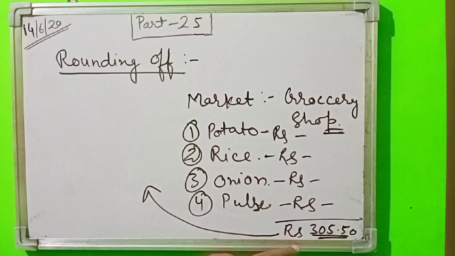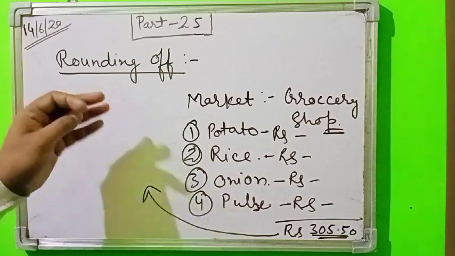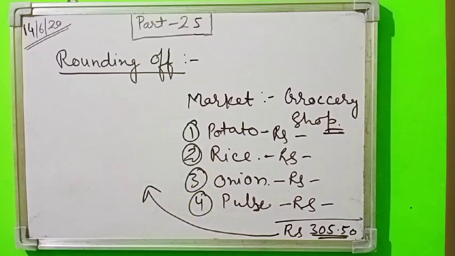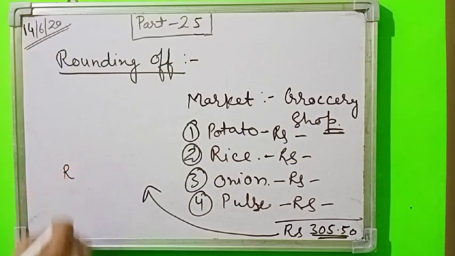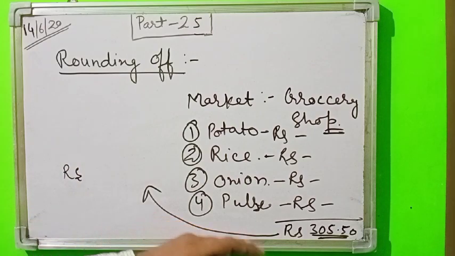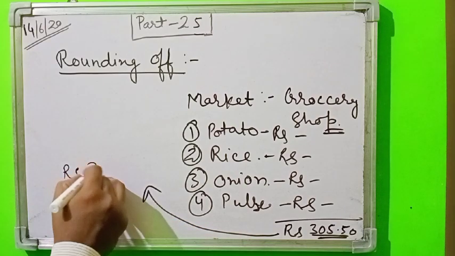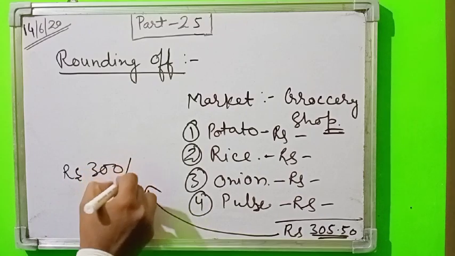Whatever the amount we got, you persuade the shopkeeper to round it off. In trading sense we use the term bargaining, and in physics the same thing is called rounding off. When you bargain, the shopkeeper rounds off your amount to about 300 rupees.